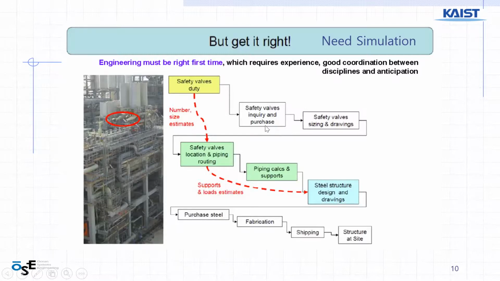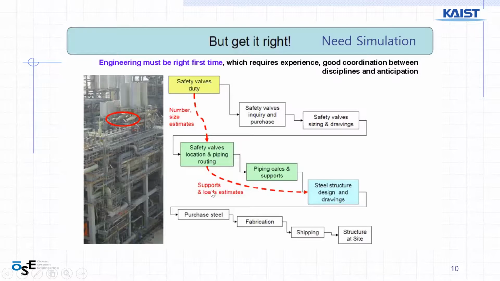Inquiry and purchase, size and drawing, location and piping routing, piping calculation and support, steel structure design and drawing. And then you need to purchase steel, fabrication, shipping, and structure at site. Then you can do installation.